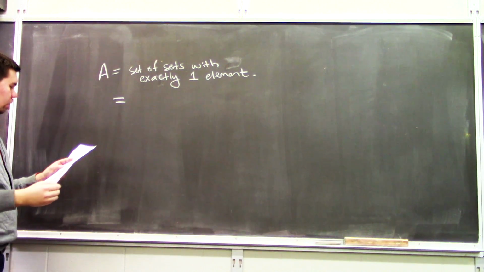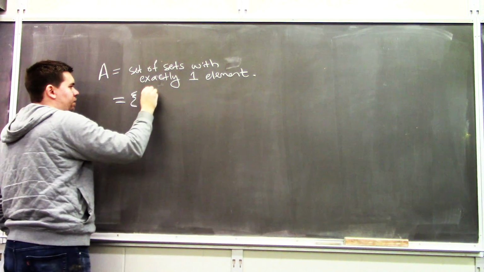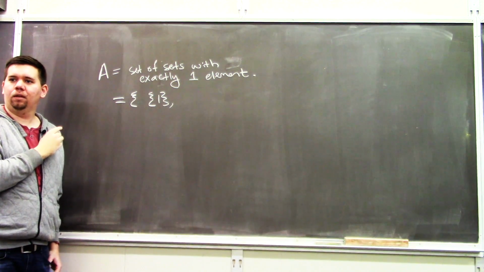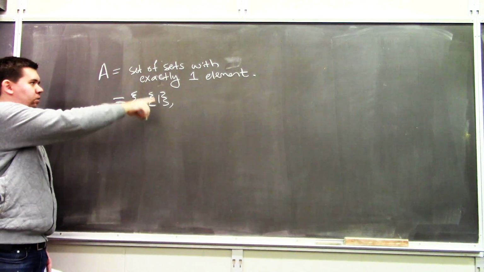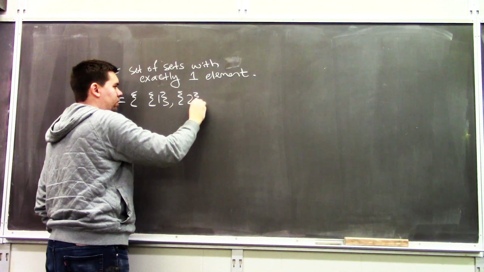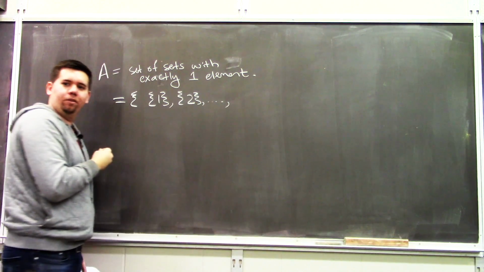As you start looking through A, you go, oh, one of the elements in A is the set with the element 1, because that's a set with one element. So it lives in A. Or the set with the element 2. And there's infinitely many of those, right?